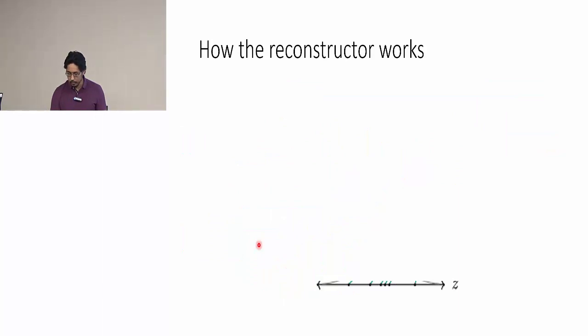All right, so I'm going to go quickly through a diagram that explains how the reconstructor works. So starting off down here, we've got Z representing the data space of the initial noise. So P0 of Z represents the Gaussian distribution of noise that's used as the input to the generator in a GAN.